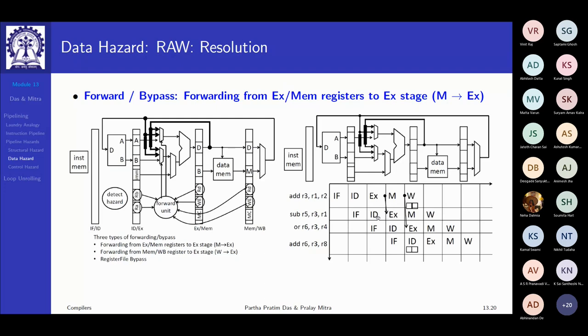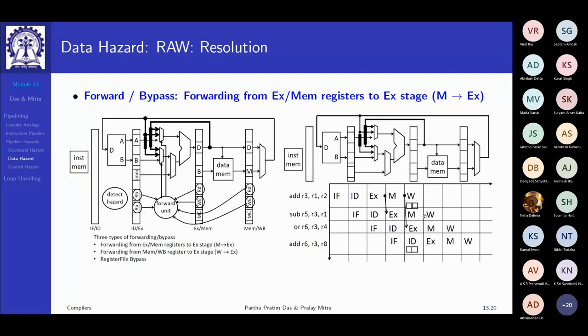In the decode phase, it is the responsibility of the forwarding unit to make sure that it does not try to read from R3, which is a wrong value, since it has not been updated. But the value it needs for R3 is directly passed on from the forwarding unit to this ALU.